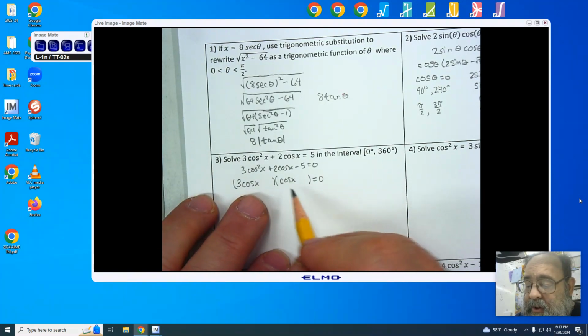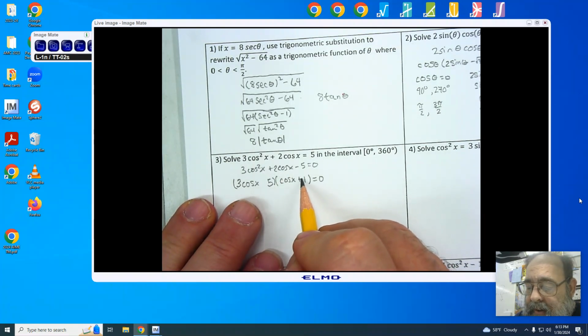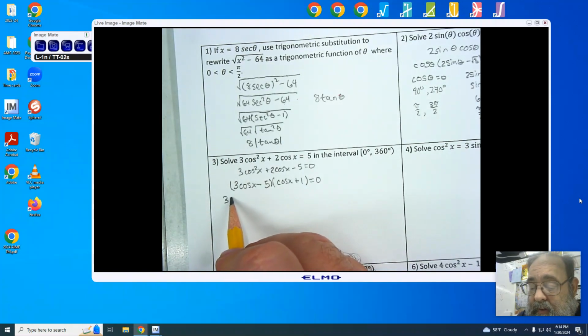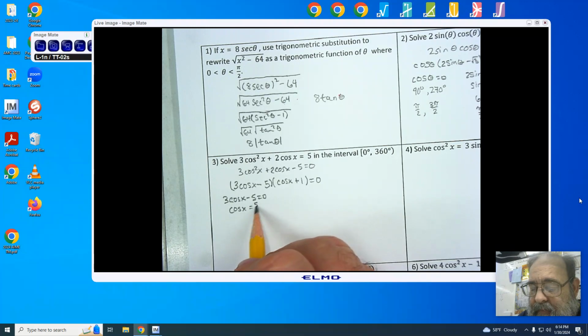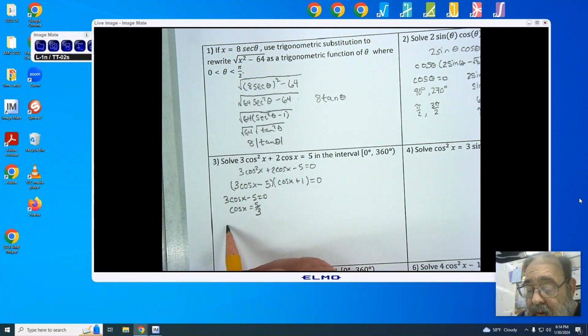We then have to make sure that we get a positive 2. So I'm going to have a 5 and a 1, positive and a negative. I'm now going to take each factor, set it equal to 0, and solve. Notice when I do the first one, cosine of x is going to end up being 5/3. This poses a problem because the range that we are allowed to work with for a cosine is -1 is less than or equal to the cosine of theta, which is less than or equal to 1.